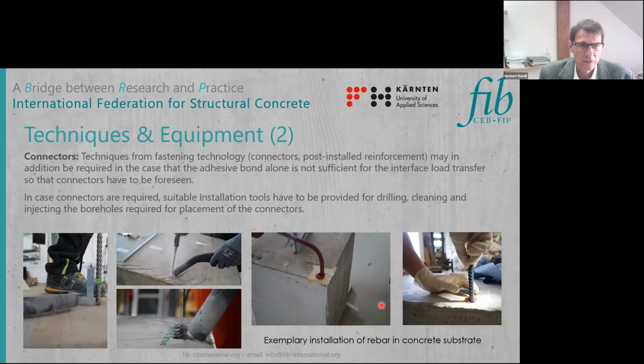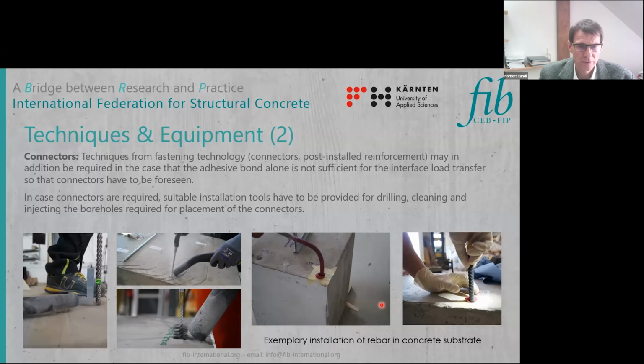When setting such connector, it is of course a process that takes place after the old concrete already has been cast. So it's a subsequent installation of such connector in the old concrete substrate. From left to right, you can see here the process. This is a process as we did in the lab, but it's similar or equal in practice on site.